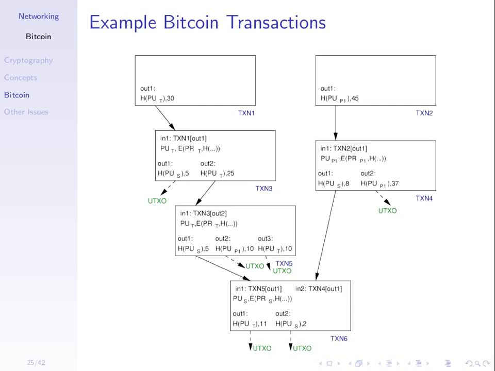What they would do is actually use the public key, PUT, and then try and verify the signature, and it would fail because the signature, if I created this transaction, would be using PRS, and the verification would use PUT, and if you try to decrypt using the wrong key, it will detect that. So this idea of referring to the previous transaction is a way to keep track that this person has that money to spend in this transaction.